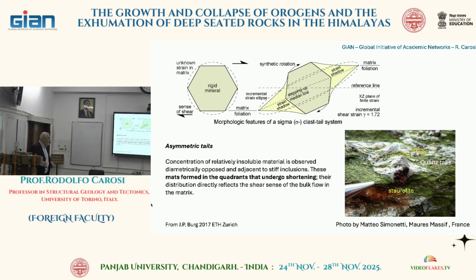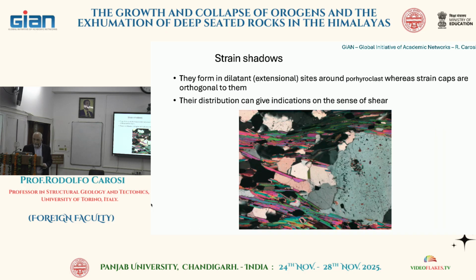So in some cases, also at the outcrop scale, we can observe some asymmetric porphyroclasts. But the best are observed in thin section. This is another strain shadow. In thin section, feldspar porphyroclast, mica crystals along the mylonitic foliation, and the crystals of quartz that are growing in the shadow of the big porphyroclast.